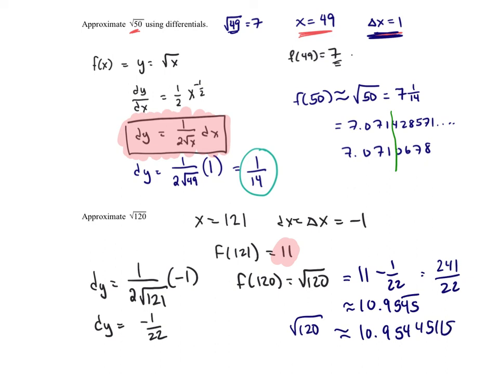So pretty close. So we're approximating it really close to what the actual value is. So these differentials are a really neat way, and what it's really helping us do is to approximate functional values and some other things without having to use the technology that we usually do.